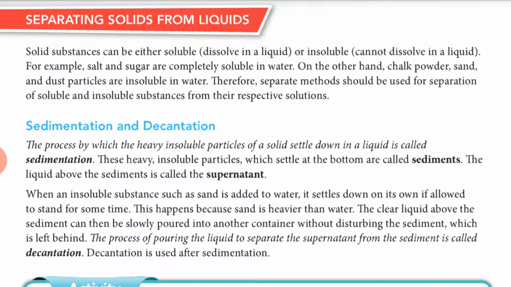So the first process is sedimentation and decantation. There are many such mixtures: chalk powder and water, sand and water, dust particles and water. All these substances are insoluble in water. So how can we separate them?